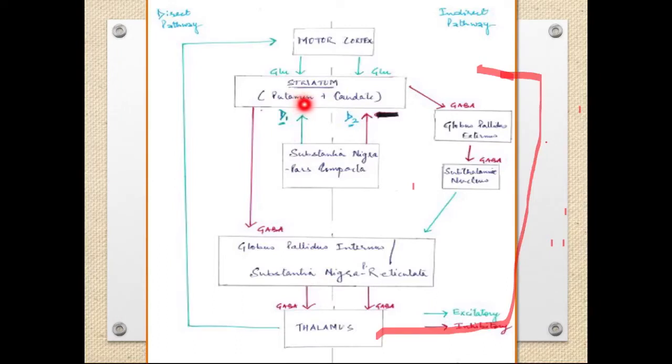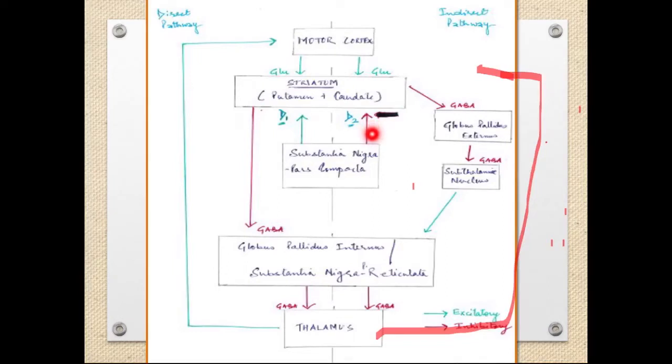what does it do? It excites the excitatory pathway. And if it acts via D2, that is the inhibitory output, it will inhibit the inhibitory pathway, right?